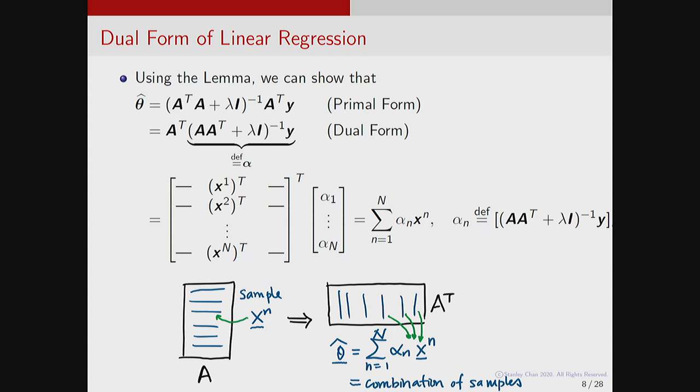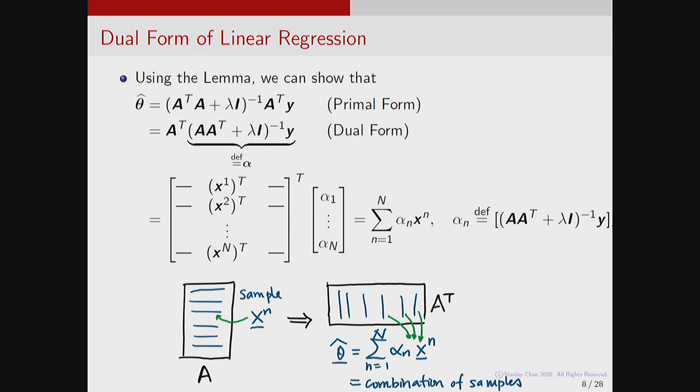Then let's look at this alpha vector. It is just a vector of all the elements from alpha 1 through alpha n. Then you are going to form a linear combination of those. Now you have a transpose here, right?